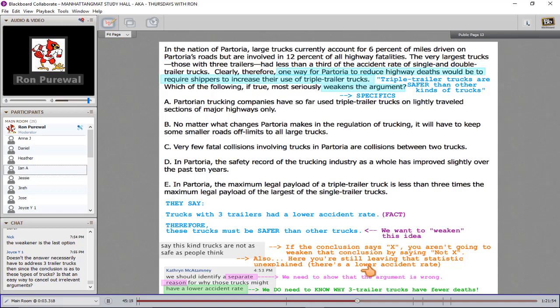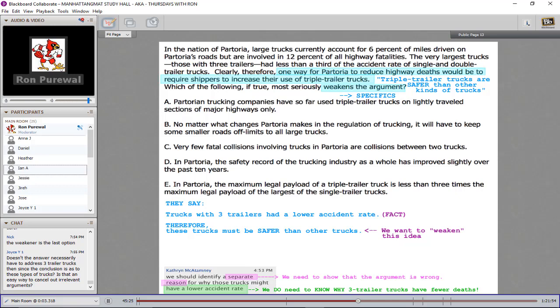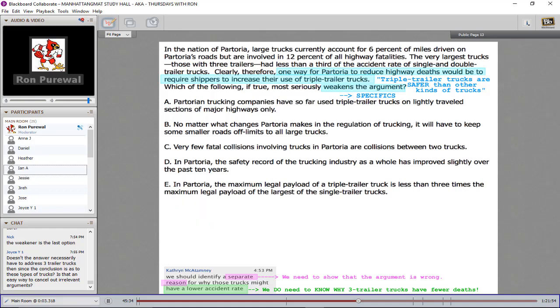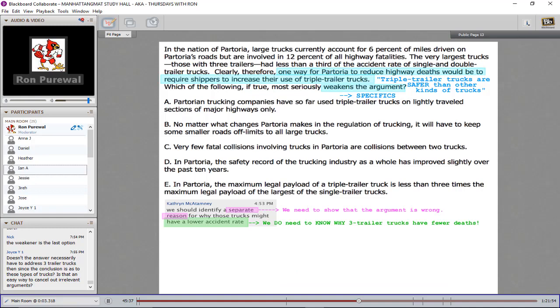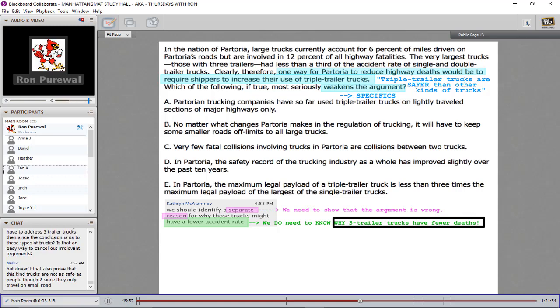So if you think about it, what are some possible reasons why this might happen? What you can do is brainstorm this before you look at the choices. Why might this be true, besides safety?